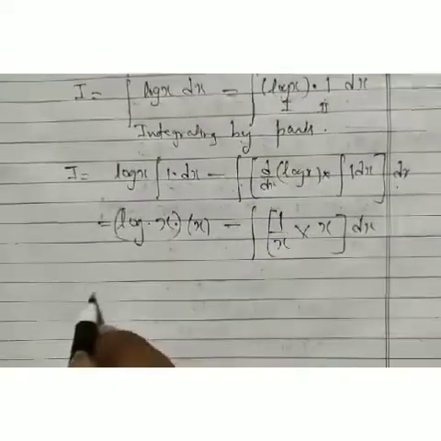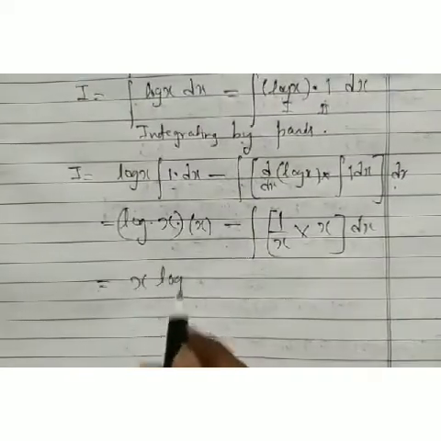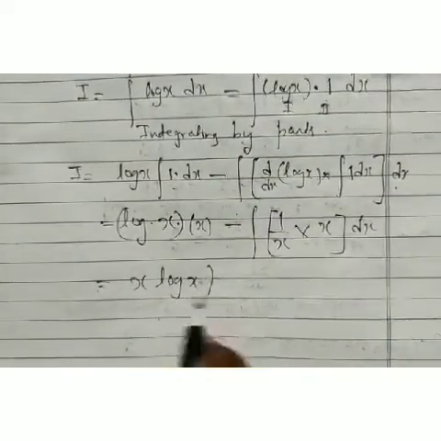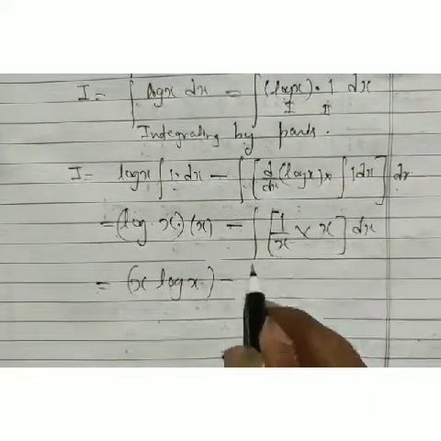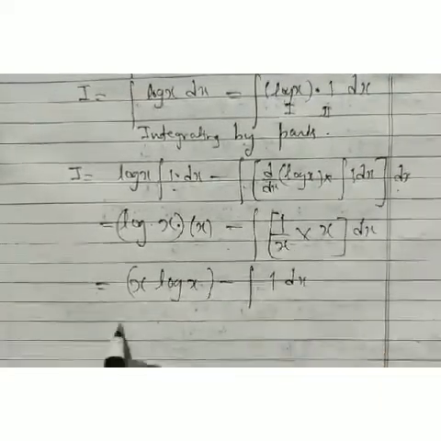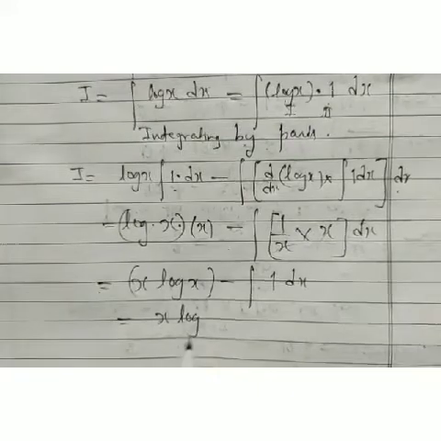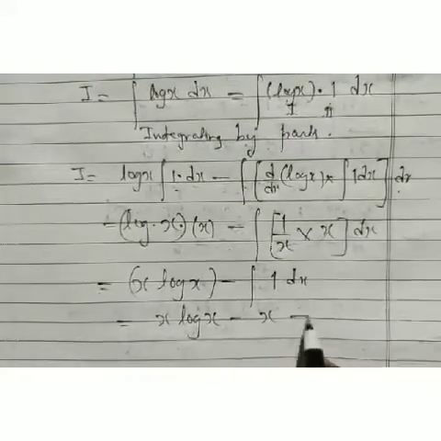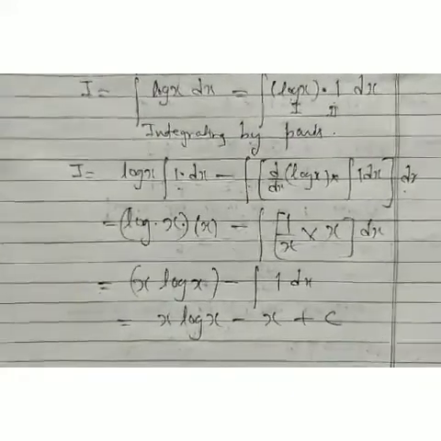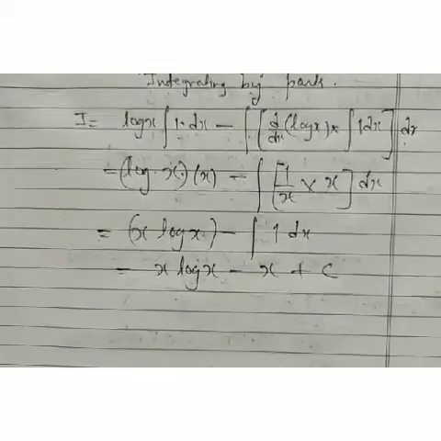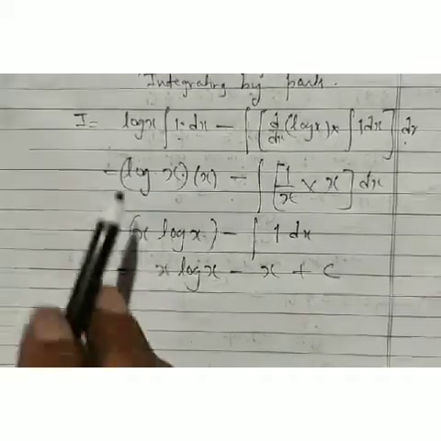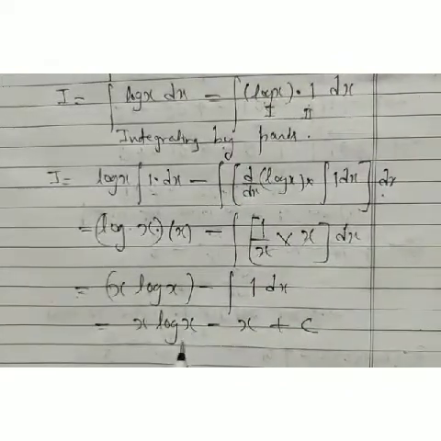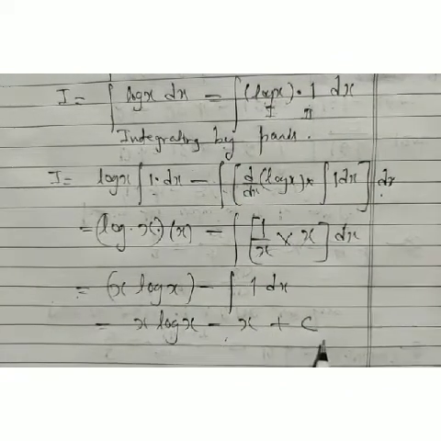Now we have x log x minus the integration of 1 dx. So we have x log x minus x plus c. Our integration of log x dx is given by x log x minus x plus c.